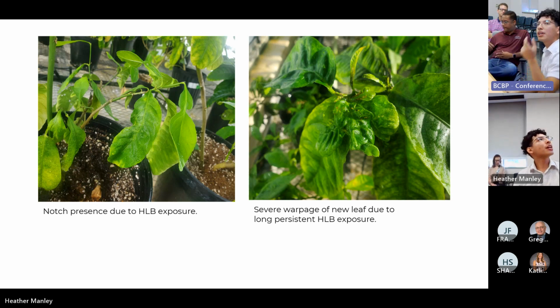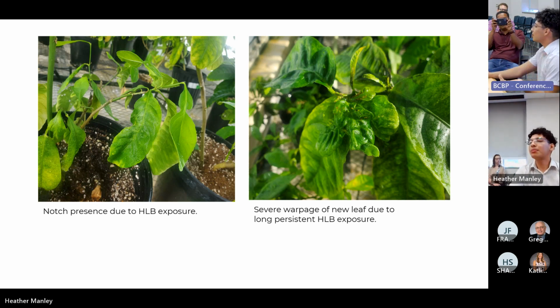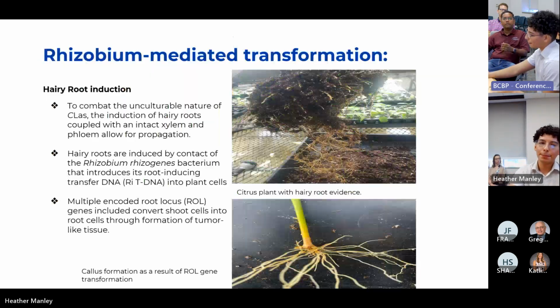The new leaves that are growing end up becoming very deformed. They're pretty much inefficient. They don't really produce any benefits to the plant. And ultimately, the leaves are going to fall off and they're going to die.